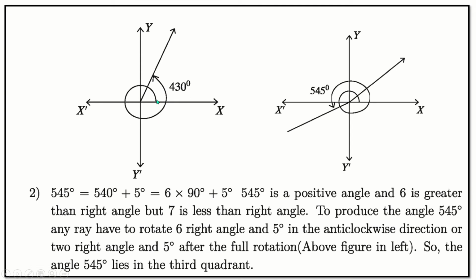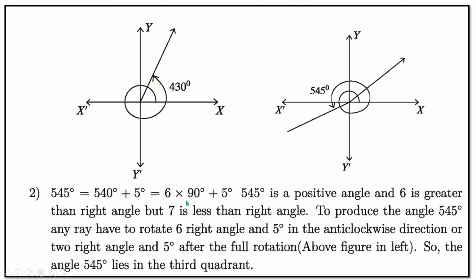This is a figure. That means start from here to here, this is 360 degree, and from here to here 70 degree. So from here to here 430 degree, and another is 545 degree. 545 degree means 540 degree plus 5 degree. 540 means 6 into 90 degree.